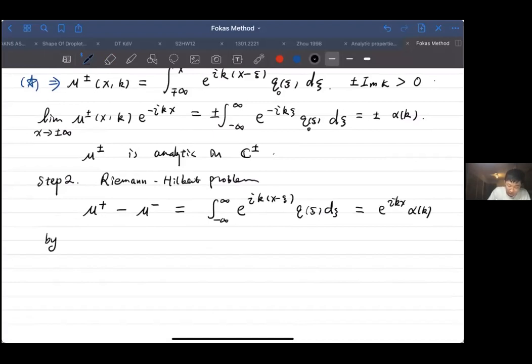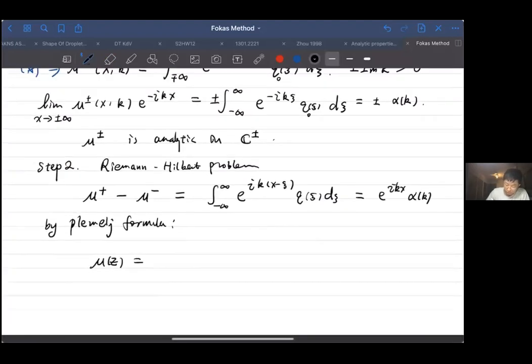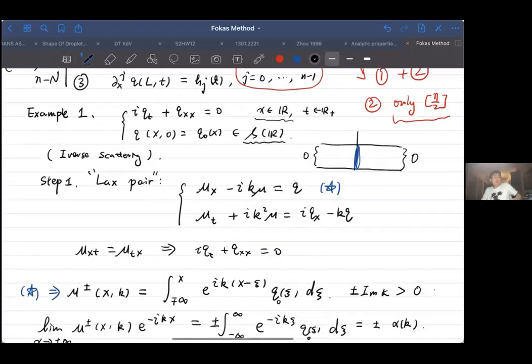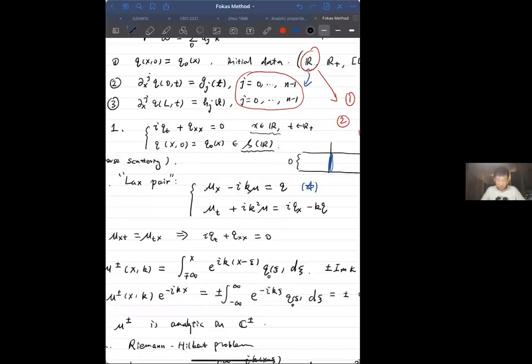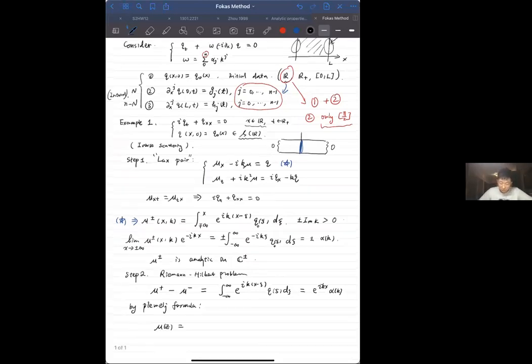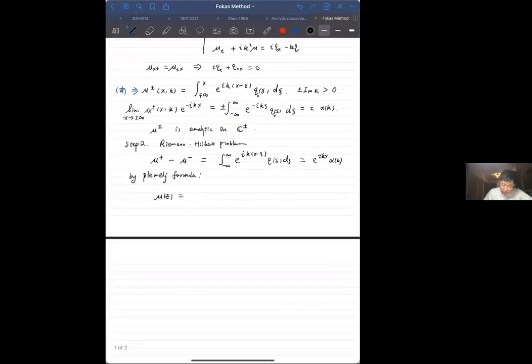And by the Plemelj formula, we have mu z equal to, okay, let's use this one. So mu z is the Cauchy transform of this density. So it's 1 over 2 pi i, the integral of e to the i s x alpha s over s minus k ds.